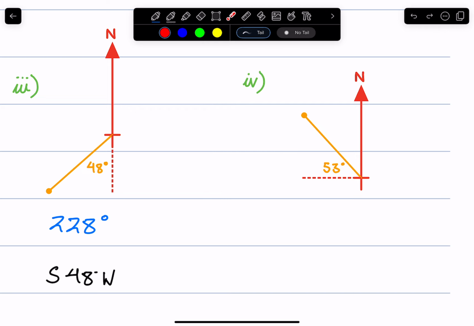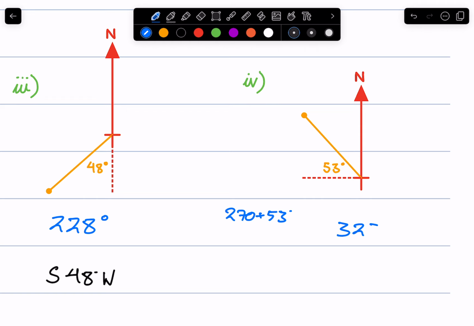Continuing the pattern, I hope you're recognizing this. Stopping here would be 270. And then we would need to add that extra 53 degrees. So this would be 270 plus 53 degrees. That would be 323 degrees as our true bearing.